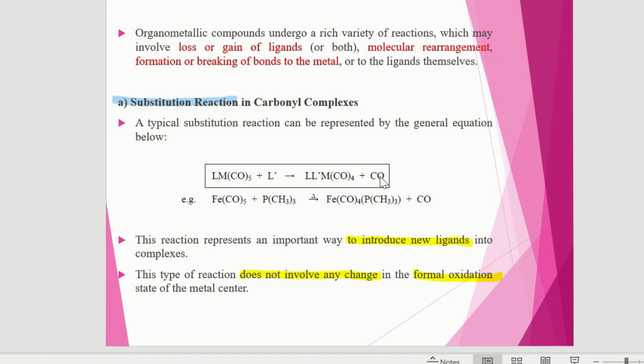As you can see from the reaction, we have a new ligand, and after going through the substitution reaction, they will form a new complex. This reaction represents an important way to introduce new ligands into complexes. This type of reaction does not involve any change in the formal oxidation state of the central metal.